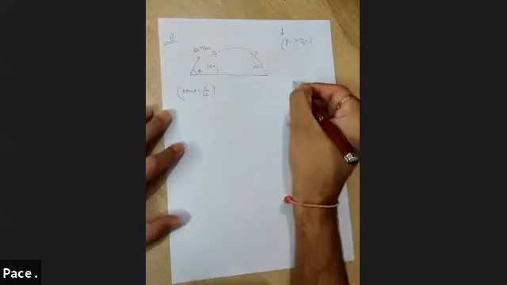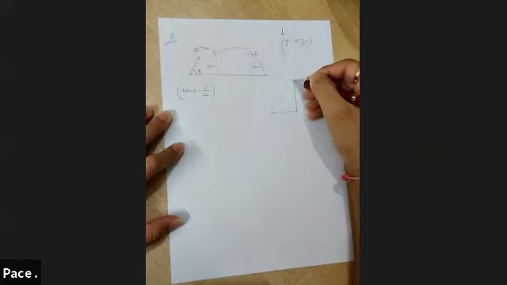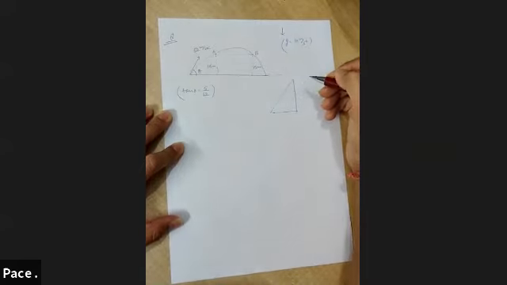How will you find out sine theta? You can draw the triangle. Why do you need sine theta and cos theta? To split the components of velocity.